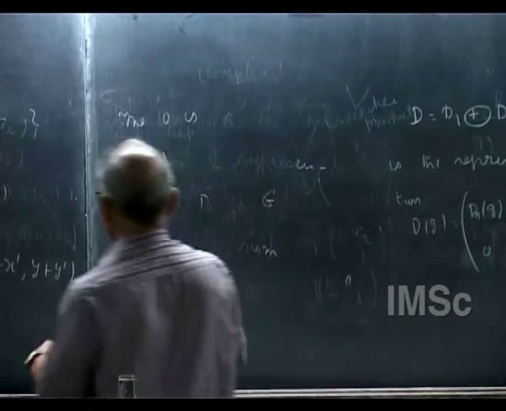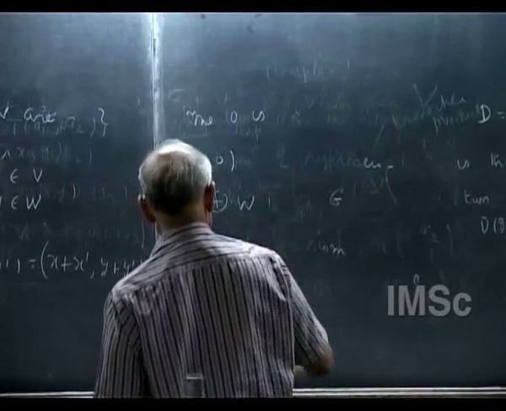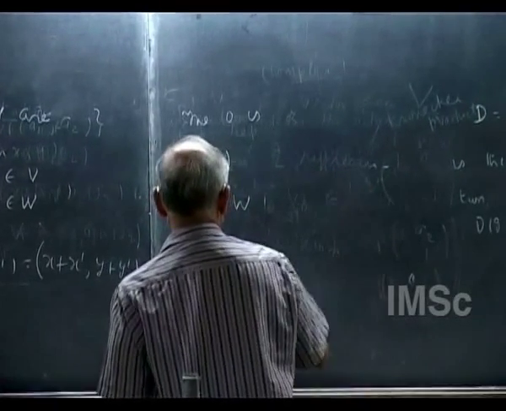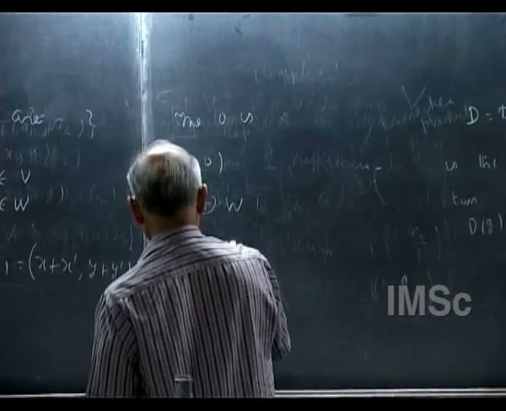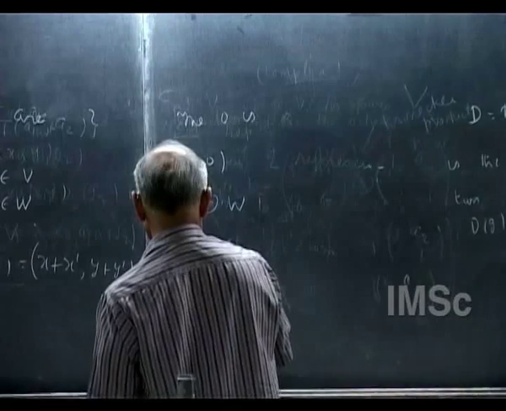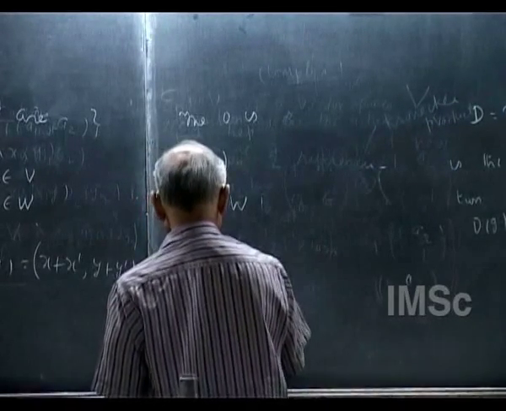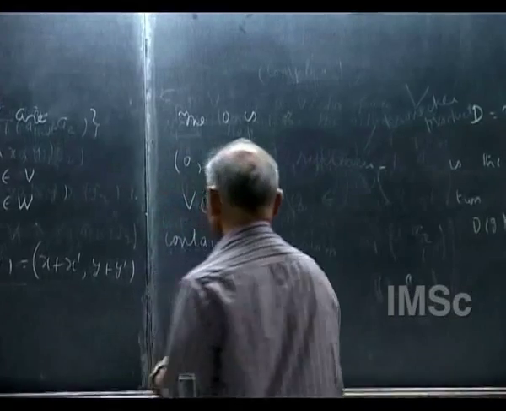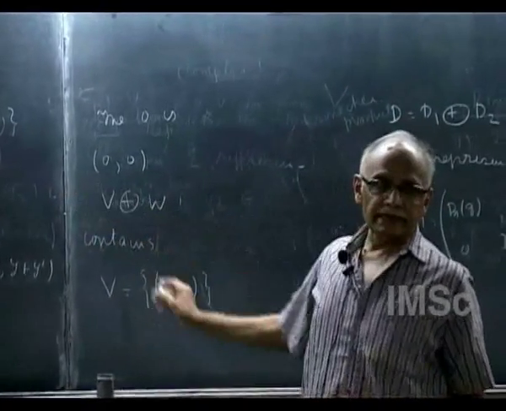Now, V plus W contains V, that is, vectors of the form (x, 0). When I say V, it is up to isomorphism.